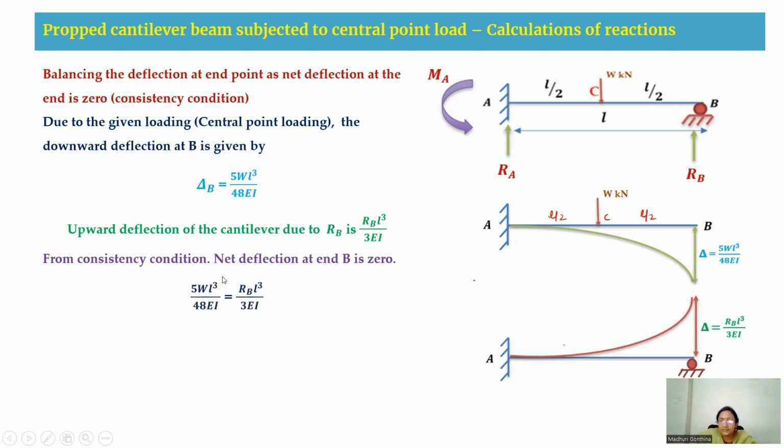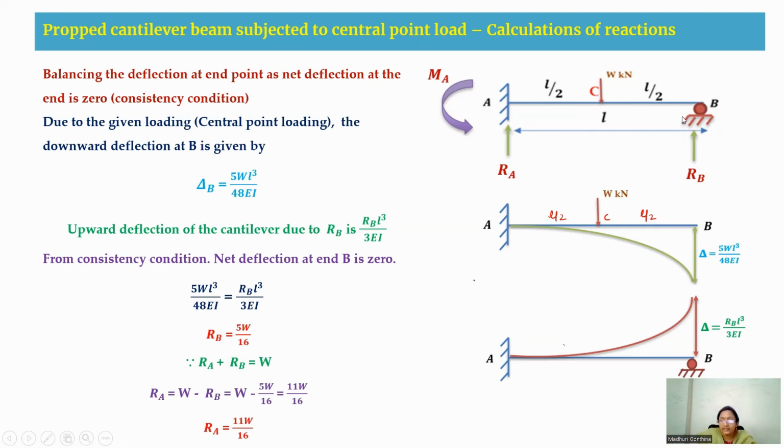Therefore, 5WL cube by 48EI equals RB into L cube by 3EI. So we get RB as 5W by 16. As we already know another equation, sigma Fy equal to 0, that is RA plus RB equals W, from this equation we get RA as 11W by 16. This is how we calculated the reactions RA and RB.